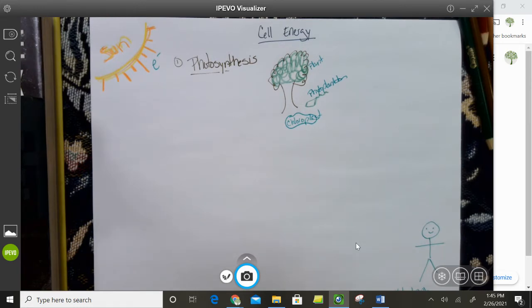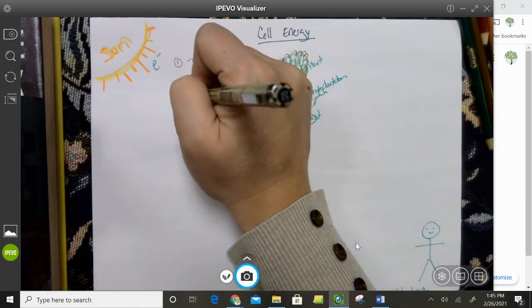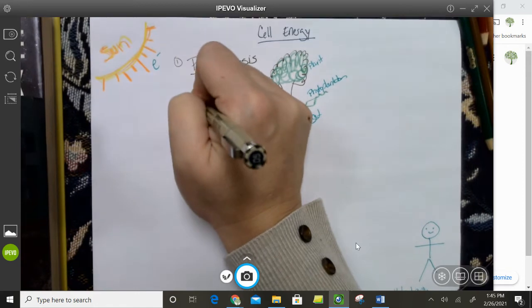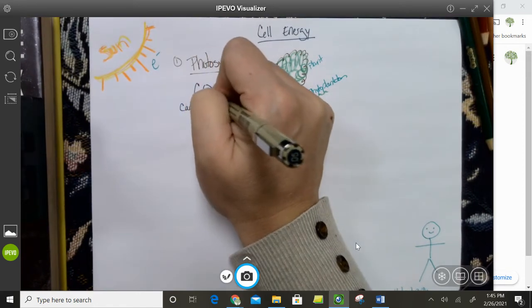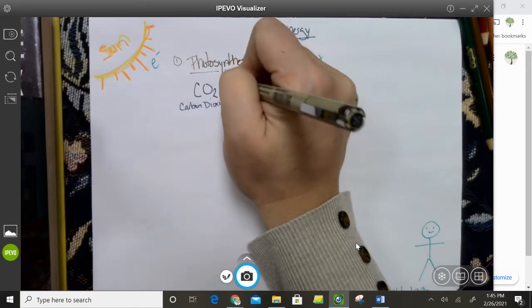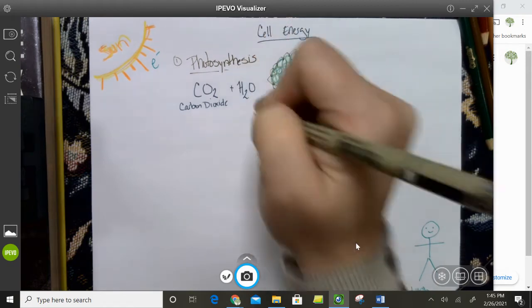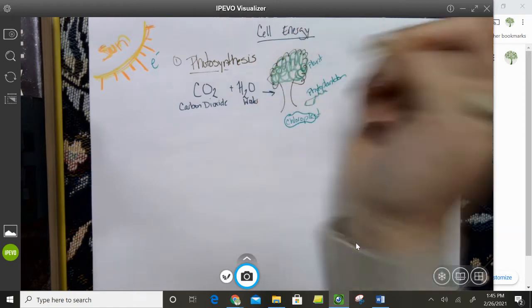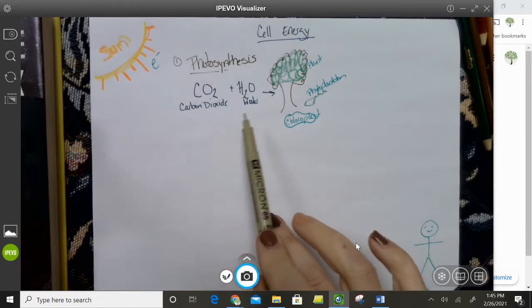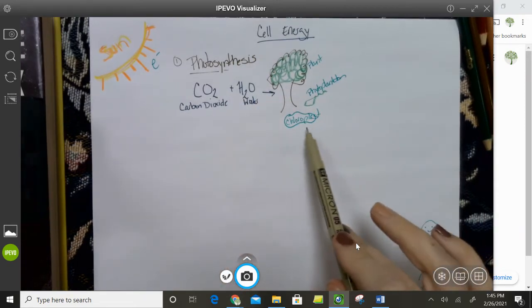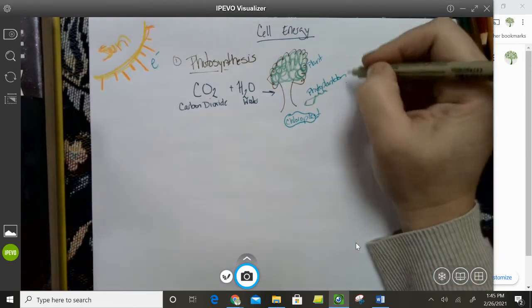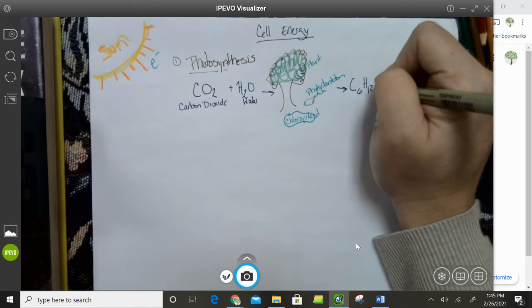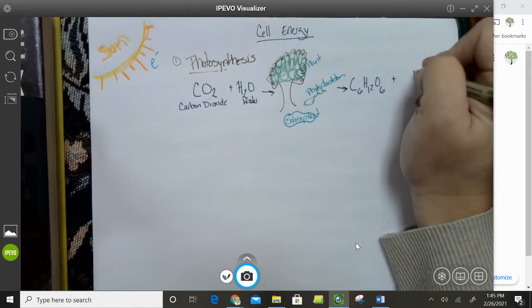So for photosynthesis to take place, we have to have a photosynthetic organism. And the photosynthetic organism is going to take carbon dioxide and water, and inside of the chloroplast it's going to convert them into glucose and oxygen.